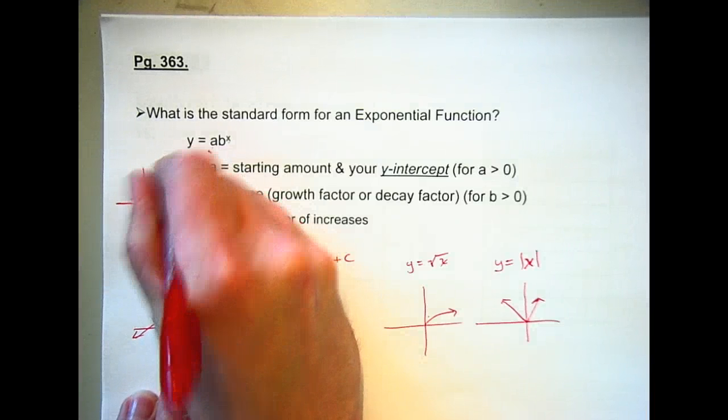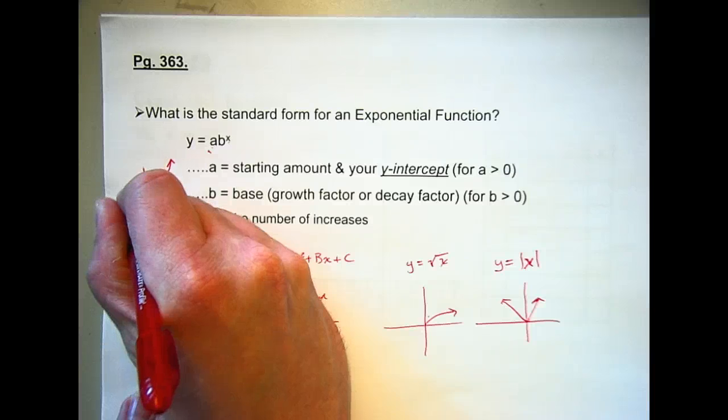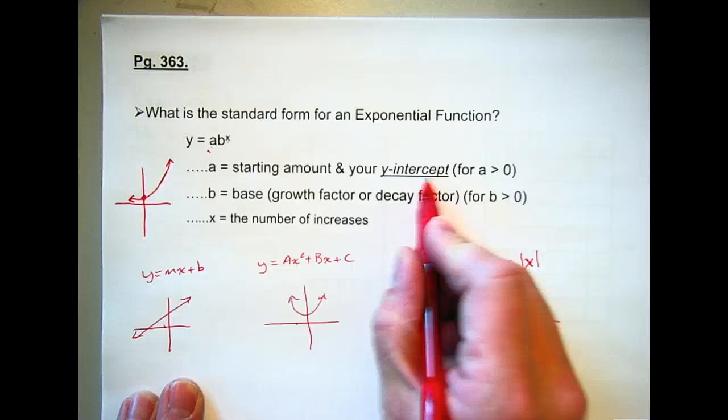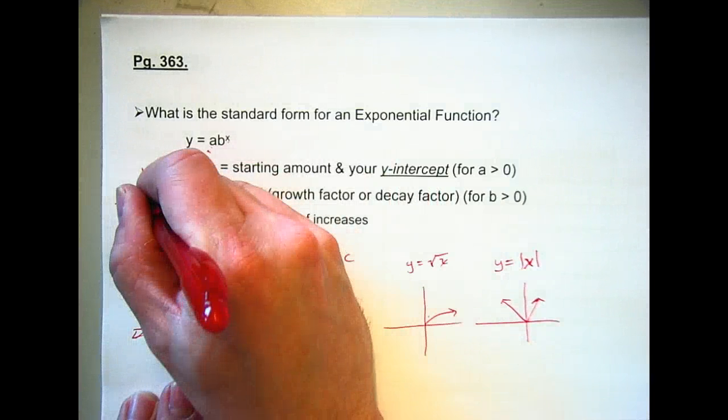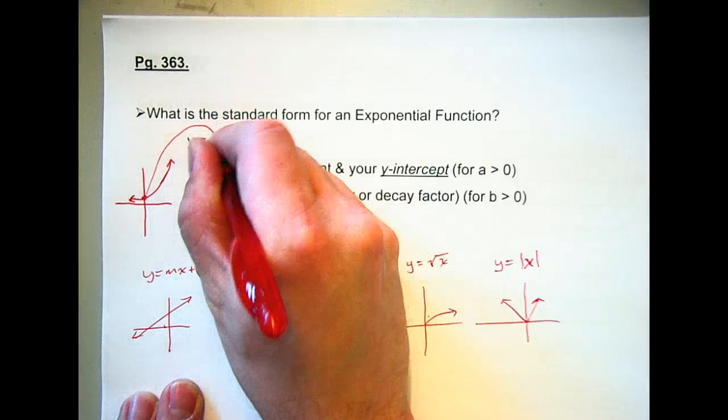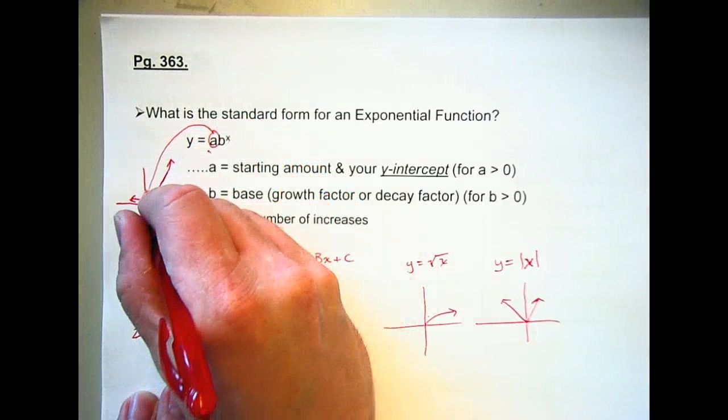Okay, that's a growth function. This is where your a term is. That's your starting amount. It's your y-intercept. This piece right here is your a. Whatever that value is, that's what that point is. It's where it crosses the y-axis.